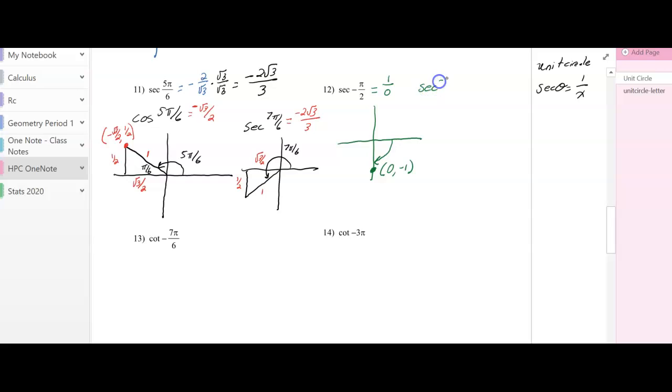So we say the secant of -pi over 2 is undefined. If it said the secant of pi, well, the secant of pi would be the red dot, which is -1, 0. So this would be 1 over -1, which is -1.